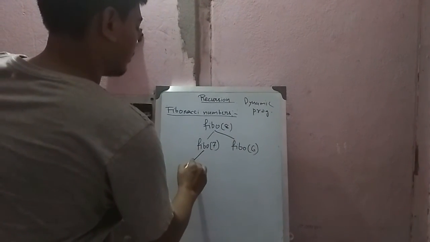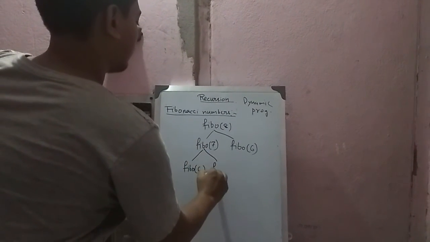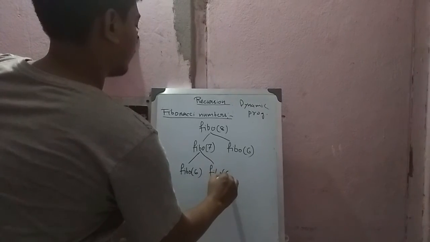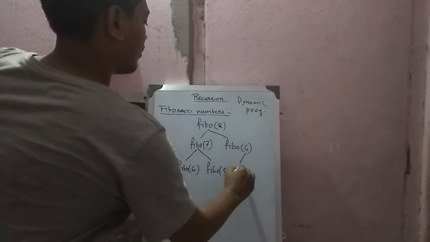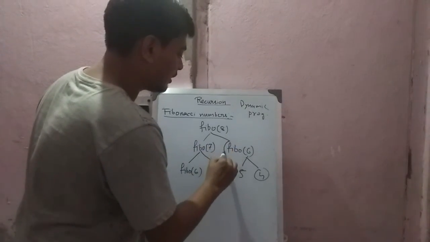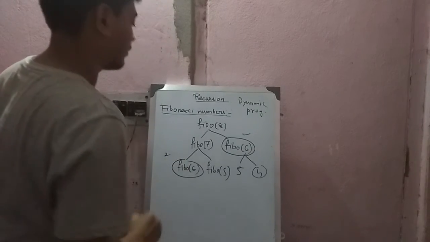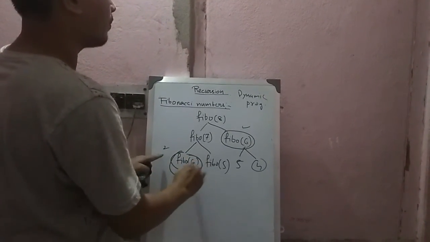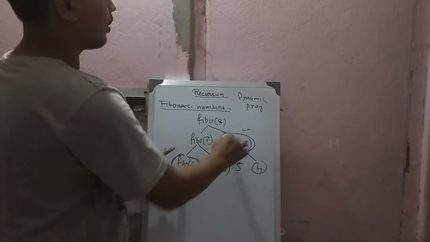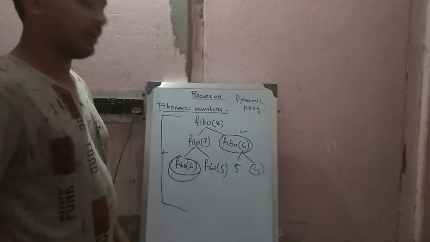For Fibo 7 you have to compute Fibo of 6 and Fibo of 5, and here 5 and 4. So see, you determine Fibo of 6 one time, then you determine Fibo of 6 a second time. So similar subproblems overlap one onto another.